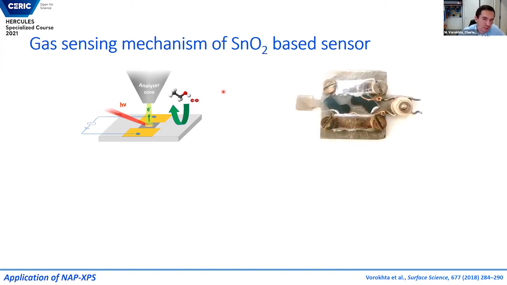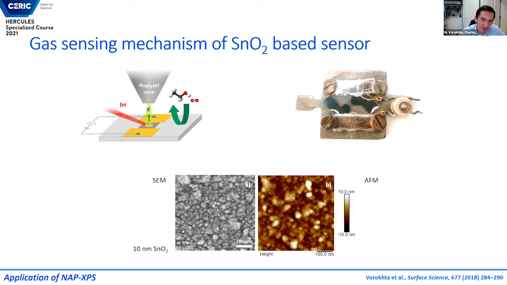So we just fabricated a very simple gas sensor with two electrodes. It was a qualitative way of measuring resistance, only using two points. However, I will show that it was enough for a qualitative estimation of whether the sensor works.